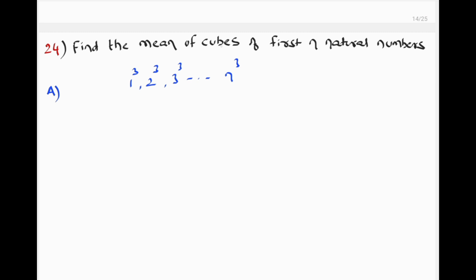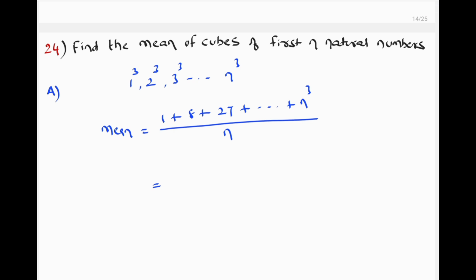These are the cubes of first n natural numbers. So mean will be 1 cube 1, 2 cube 8, 3 cube 27, and so on, n power 3 by number of observations n.